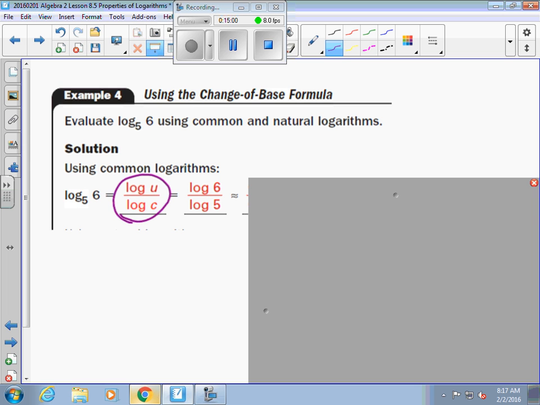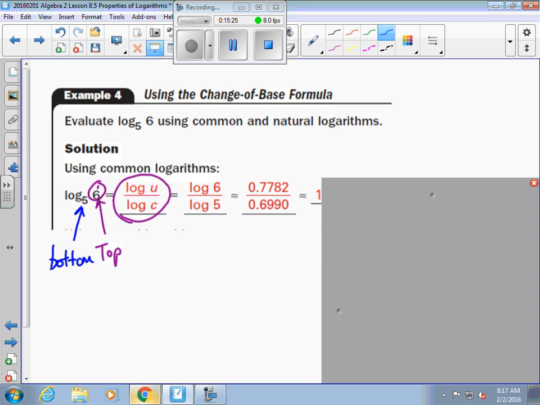It's the log of whatever you're talking about, this is going to be your top number. That's the top, or the numerator. And this one here, the base, and bases we know are bottoms, just like they always are. Base is at the bottom, so you won't make that mistake. So it's the log of 6 over the log of 5.